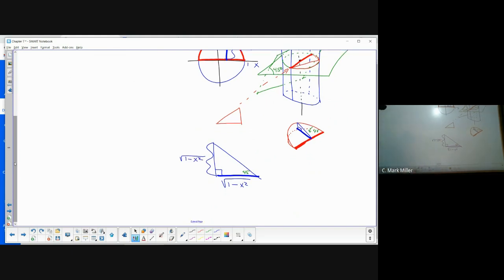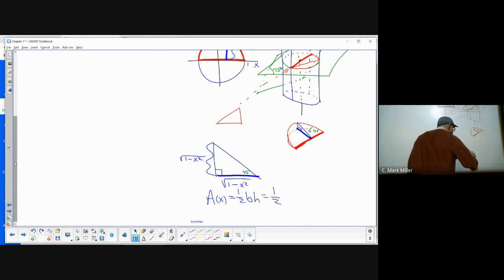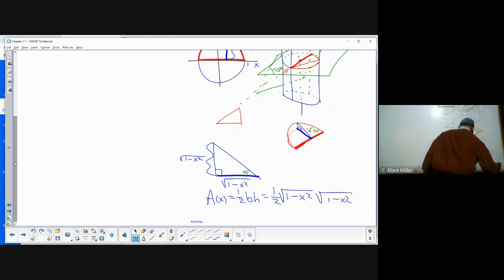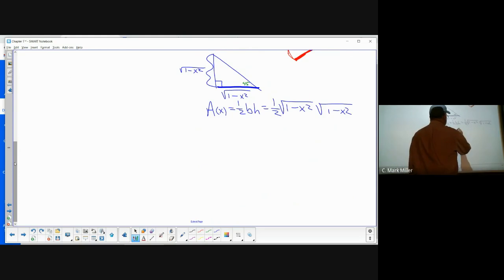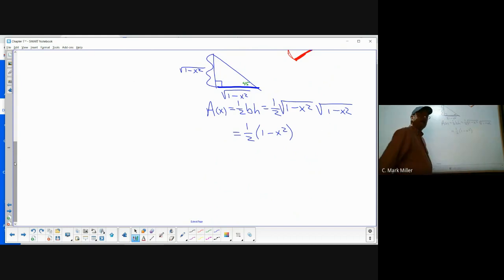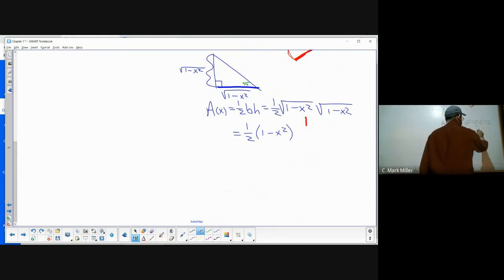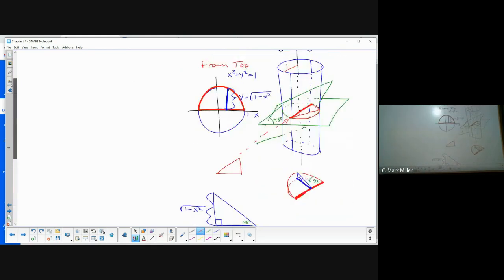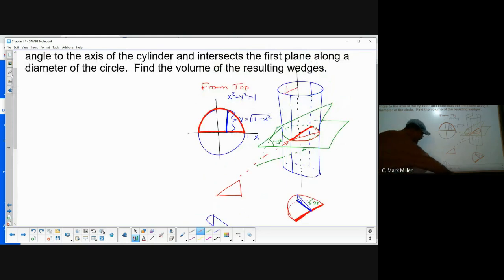And here's the key. Area is 1/2 base times height. That's 1/2 the base, square root of 1 minus x squared, and the height is square root of 1 minus x squared. And so that makes A of x equal to 1/2 (1 minus x squared), which is amazingly simple for such a complex situation, right? The last thing I'll do before I let you go, we're not going to finish it. What is our volume then?